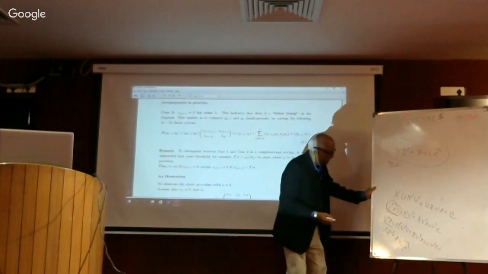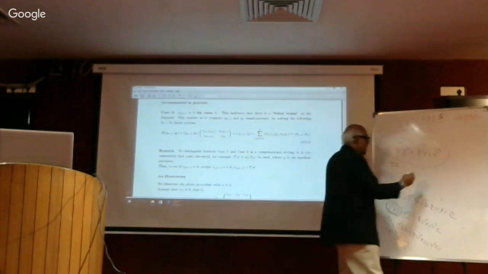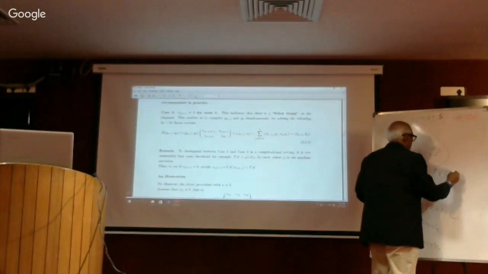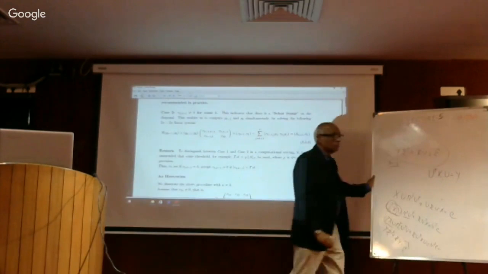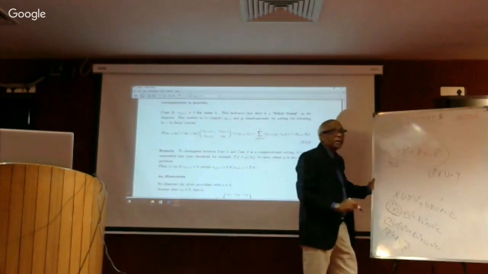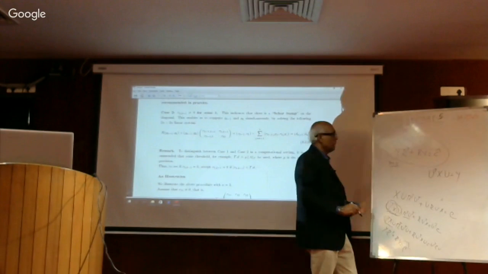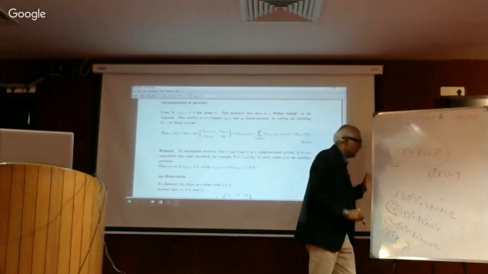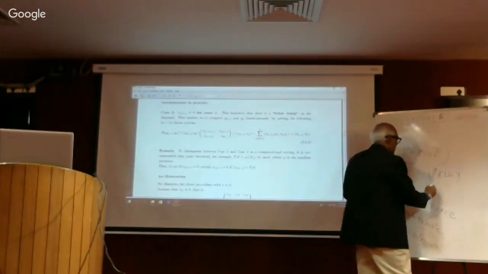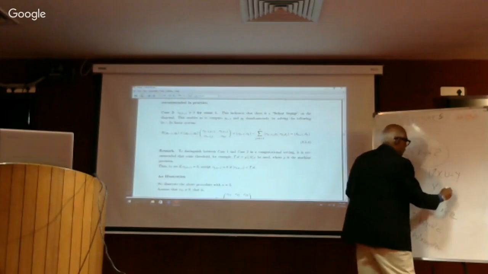Remember the relationship between X and Y: U transpose X U equal to Y. So multiply left-hand side by U and right-hand side by U transpose, so you have X equal to U Y.